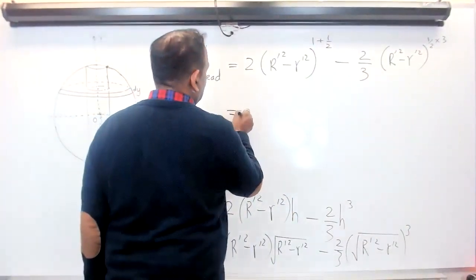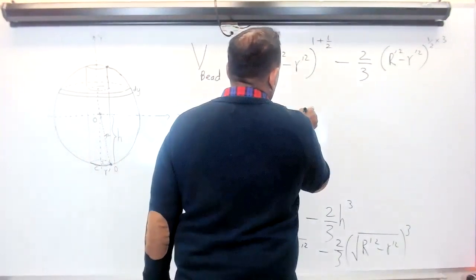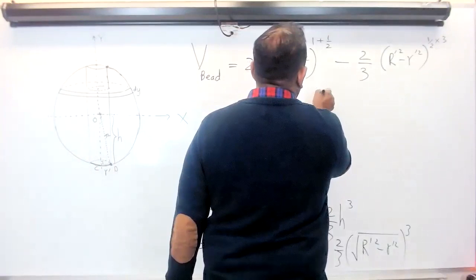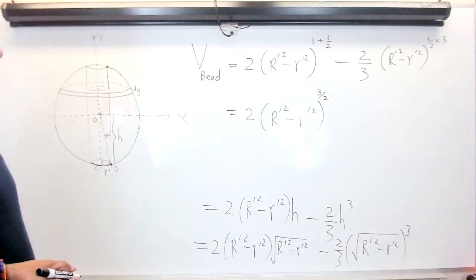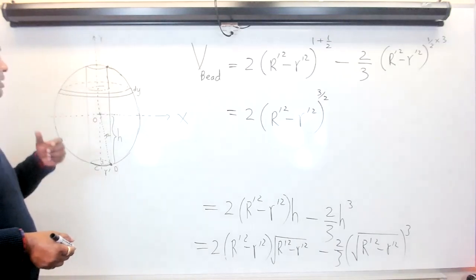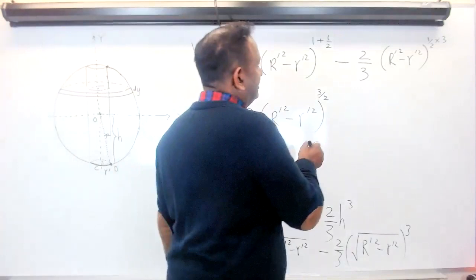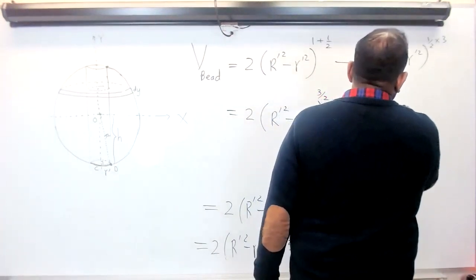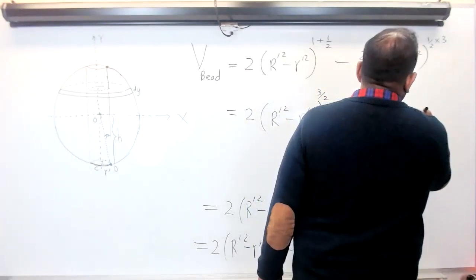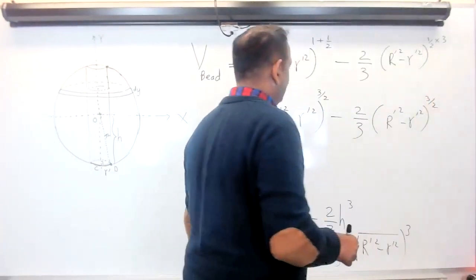So 2 r prime minus, look at that, the final answer being written in terms of what's been given. You don't need the equation of that sphere or the cylinder. Here 2/3 r prime minus simple r prime squared 3/2. See, 3/2 and 3/2.